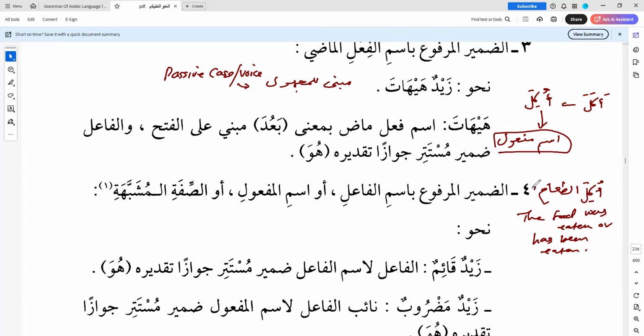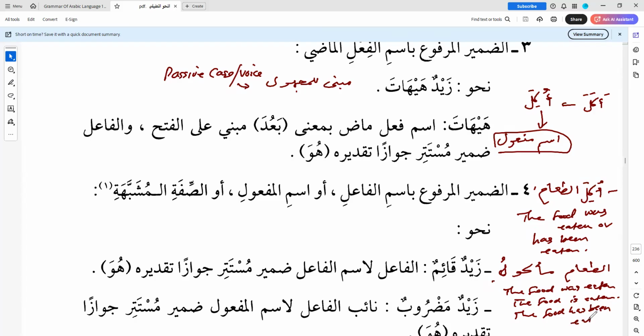Now, another way of saying أكل الطعام, you can say الطعام مأكول. The food is eaten or was eaten, or the food has been eaten. الطعام مأكول.